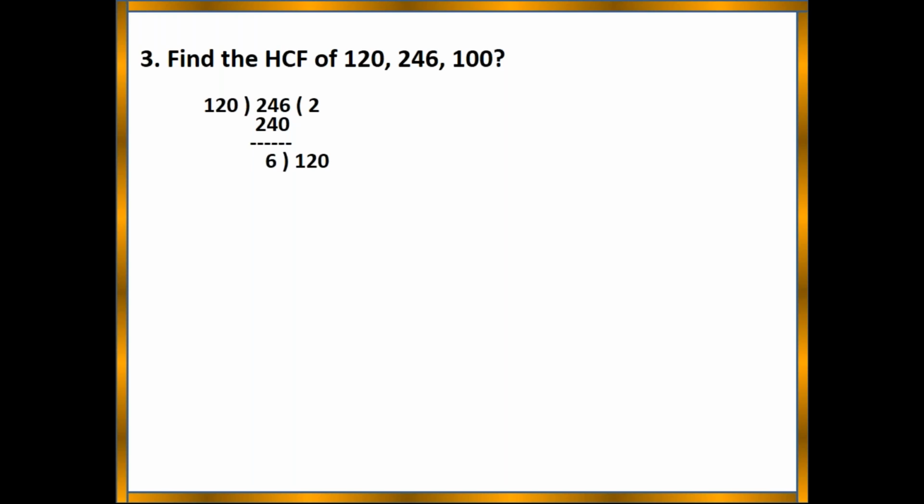So 6 is not equal to 0, nothing but 1. 6 times 20 is 120, the remainder is 0.